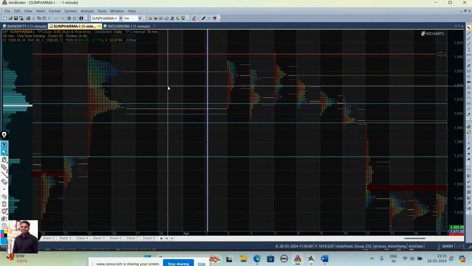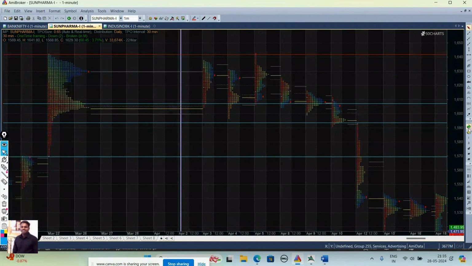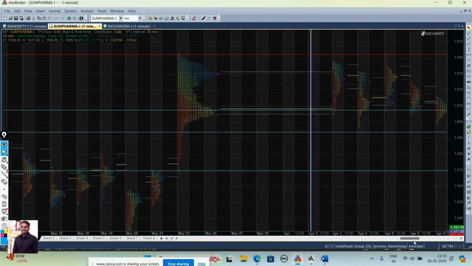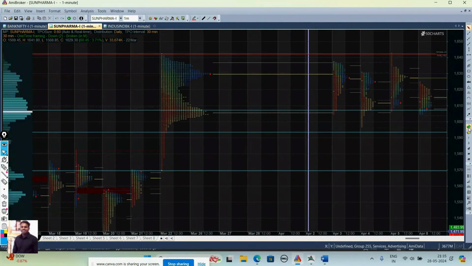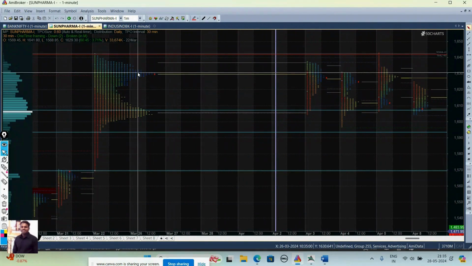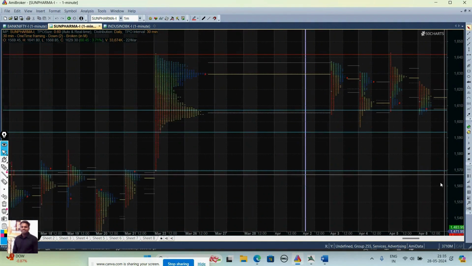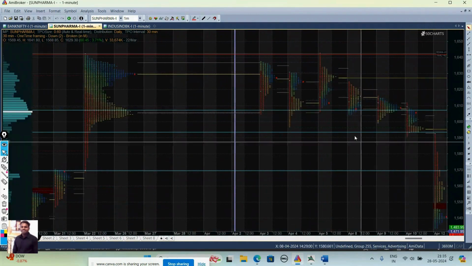It will develop here. If we count the letters, maximum it will be 28. 28 means it's near to partial development.